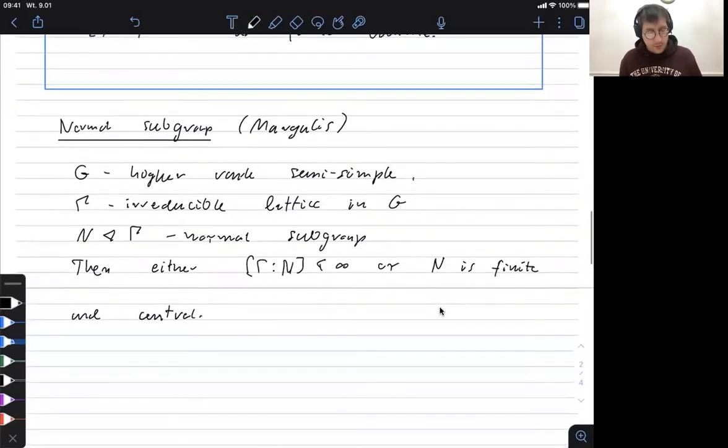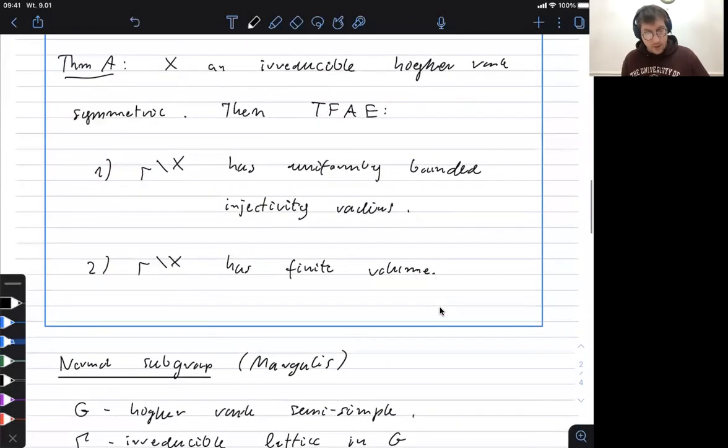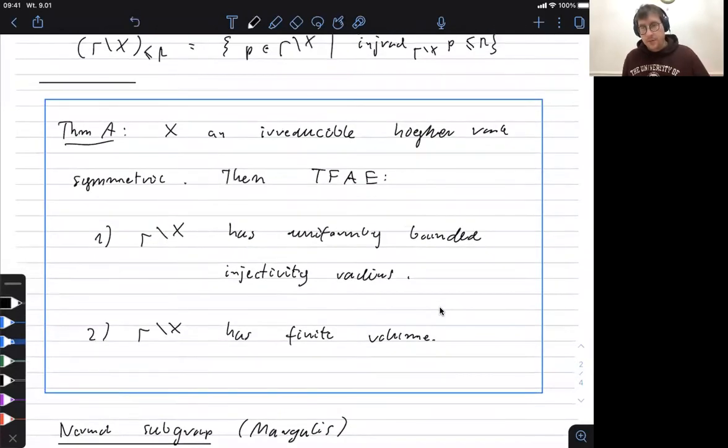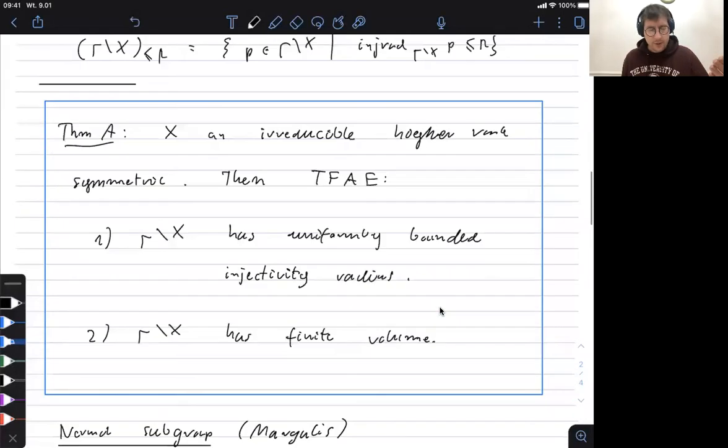Now, why does the normal subgroup theorem have anything to do with our result? Well, it turns out that if group G, which is the isometric group of this locally symmetric space, has a lattice which admits an infinite index normal subgroup, this is automatically a counterexample to theorem A. So in this sense, theorem A is a strengthening of Margulis normal subgroup theorem, at least in the setting of simple groups G, because for other groups, I would have to explain this more complicated statement of the theorem.